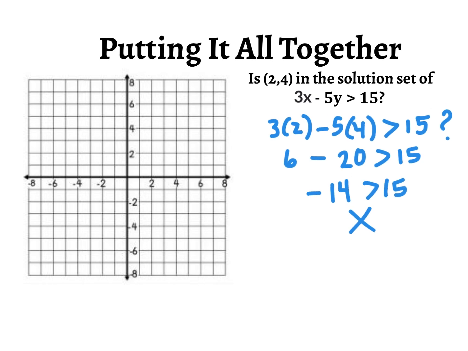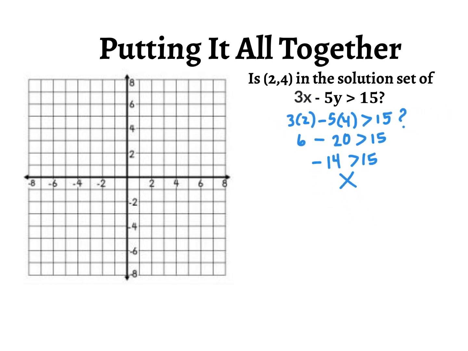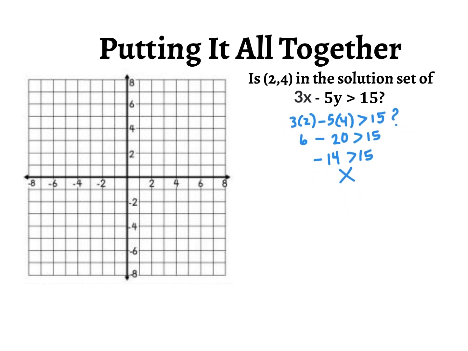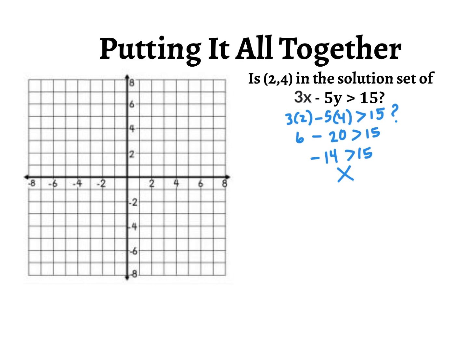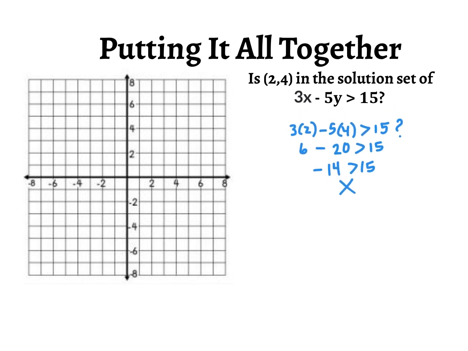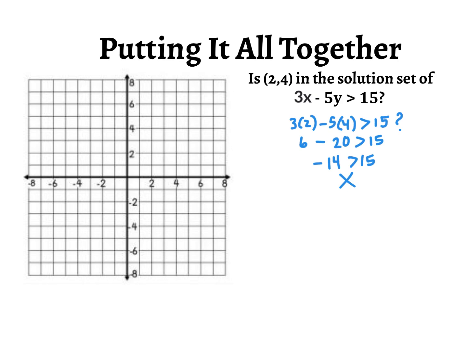Now I'm going to shrink this real quick just to make enough space for me to do the work by hand so I can show you how to graph it. Remember, in order to graph this, I need to make sure that my inequality is in y equals notation. I need to get the 3x to the other side. I need to make sure this is in y equals mx plus b notation.